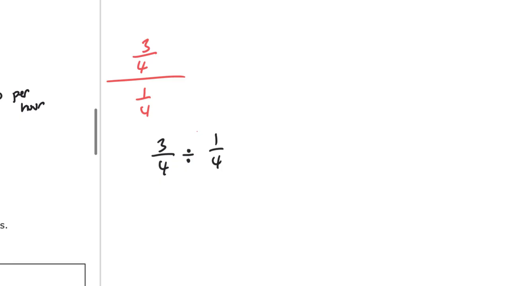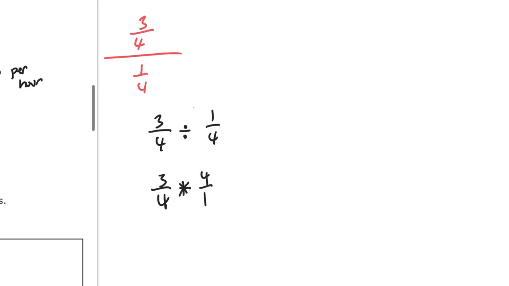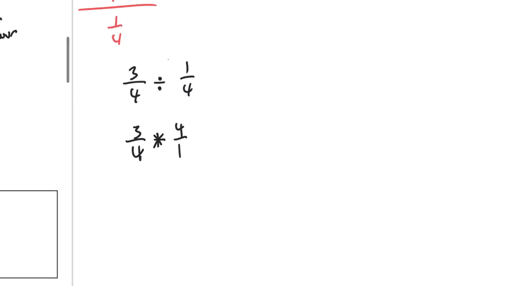And then hopefully you remember that this is a keep, change, flip situation. So you keep the first fraction, you change that division into multiplication. I'm going to use an asterisk for that. And then you flip the second fraction, which of course is 4 over 1. Now, really, two ways of going about this. One way is the sort of advanced way, and that is to recognize that when multiplying fractions, you can do this sort of diagonal cancellation thing.